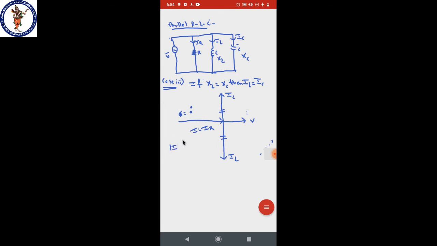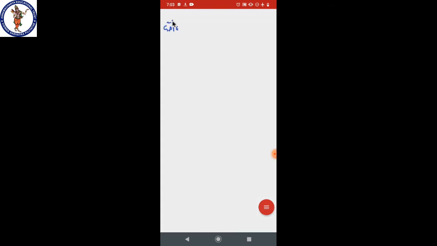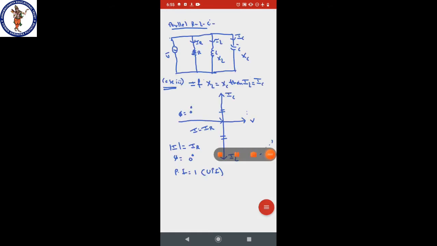The magnitude of I equal to IR only, angle phi equal to 0 degrees. What is the power factor of the circuit? It will be 1, UPF, unity power factor. This is the parallel RLC circuit. If the inductive reactance equals the capacitive reactance, the inductive current equals the capacitive current.